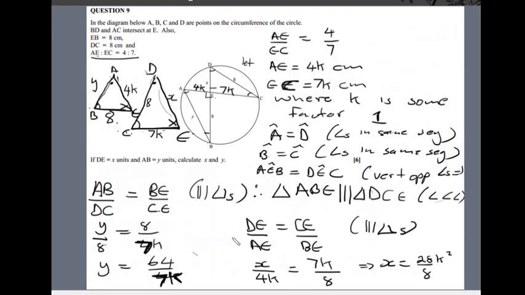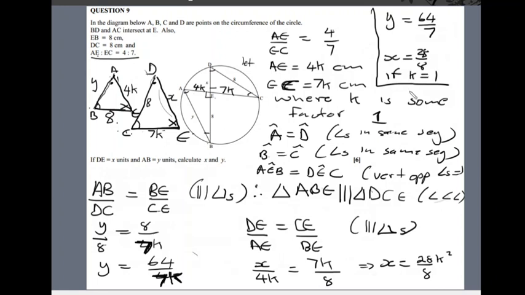So if you assume this factor k is equal to 1, then you will have y to be 64 over 7 and x to be 28 over 8 if k is 1, right?